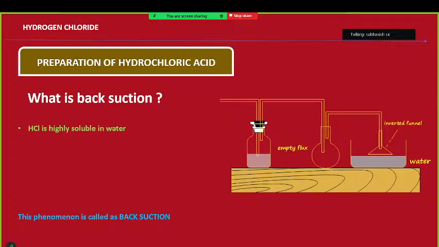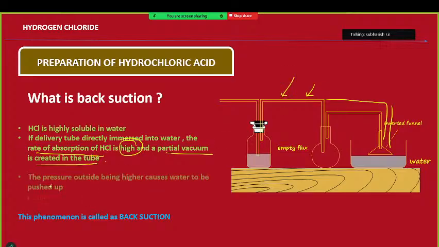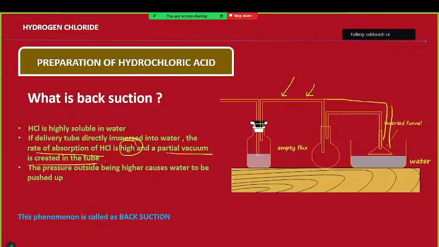Because the HCl is highly soluble in water, if the delivery tube is directly immersed into water, then the rate of absorption of HCl is very high, and a partial vacuum is created in this tube, and as a result, the pressure outside being higher causes water to push in, and the water passes through the delivery tube and damages the apparatus.